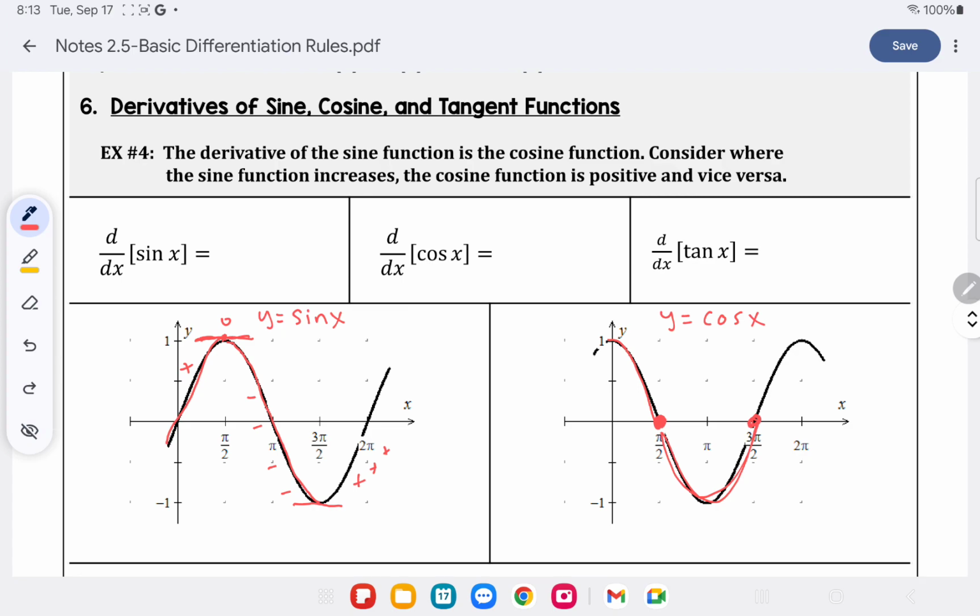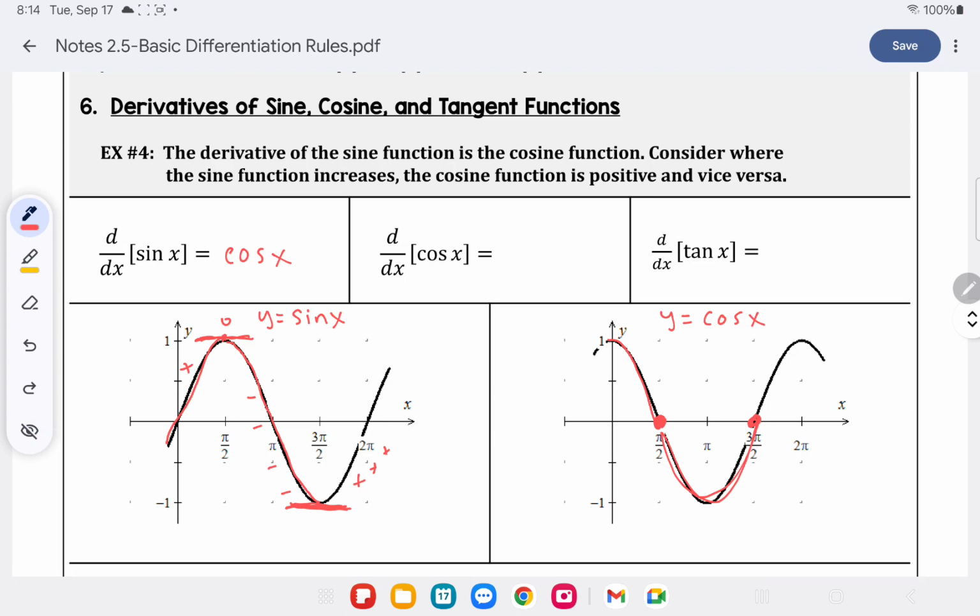Then we hit 0 again at 3 pi over 2, just like the slope of our tangent line for sine is at 3 pi over 2, and so on. And so the derivative of sine of x is cosine of x, because the graph of cosine is actually the slope graph to sine.